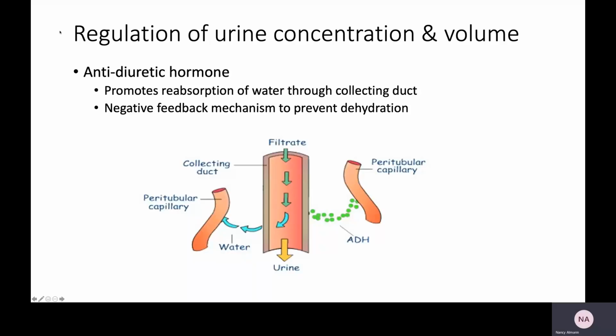So how do we regulate concentration and volume of urine? Our friend ADH. You'll remember that ADH is going to promote the reabsorption of water through our friends, the collecting ducts. It is a negative feedback mechanism, and it is going to help prevent dehydration.